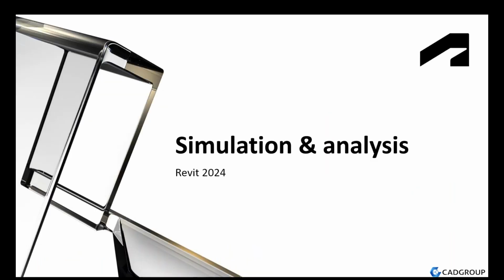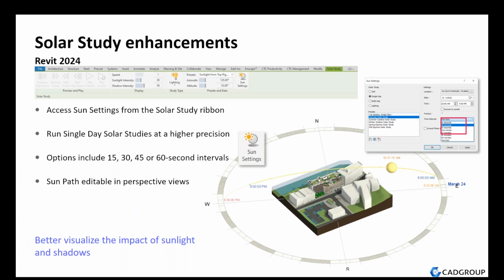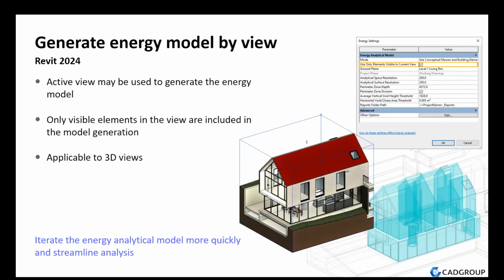Simulation and analysis, there's been a bit of an improvement in the sun settings, so you can do much finer, more precise solar studies, and there is actually a solar study ribbon now. Now, if you're exporting an energy model, gbXML or whatever, it used to be that Revit would only allow you to export the entire model, and now they've got an option to only export visible elements in the view that you're exporting from.